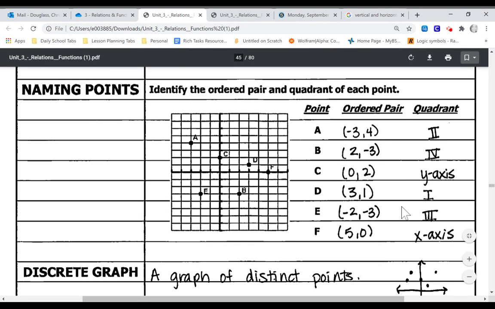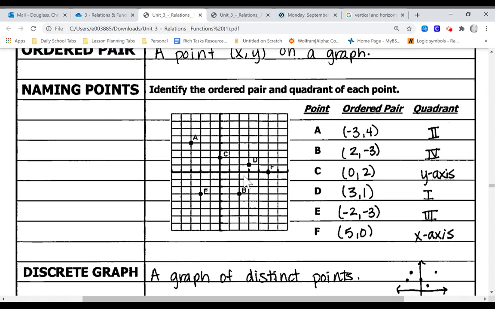The origin is where the darkened lines, the x-axis and the y-axis, intersect. What we're going to do is find the ordered pair that represents each point and determine which quadrant the point is located in. Let's look at point A together.